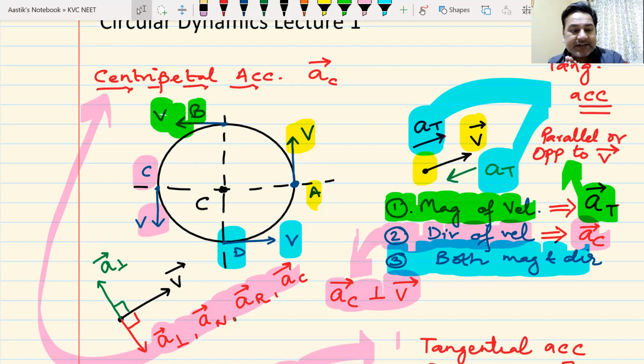We saw that tangential acceleration is either in the direction of velocity or in the opposite direction of velocity. It always increases or decreases speed.